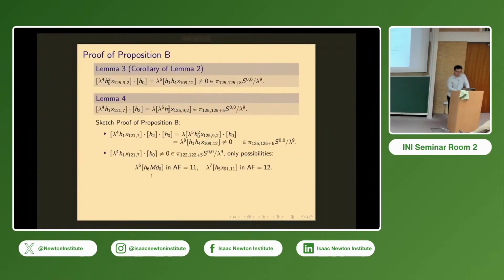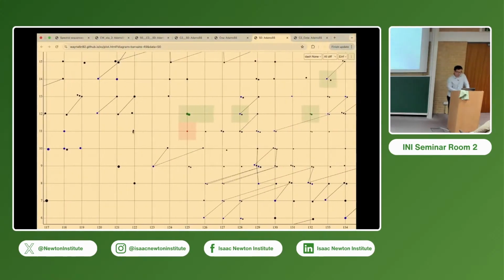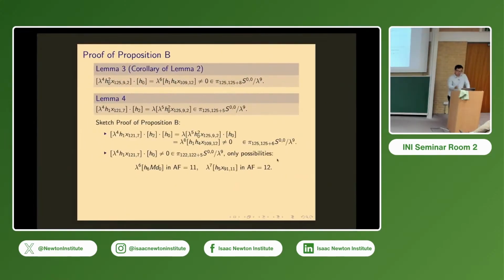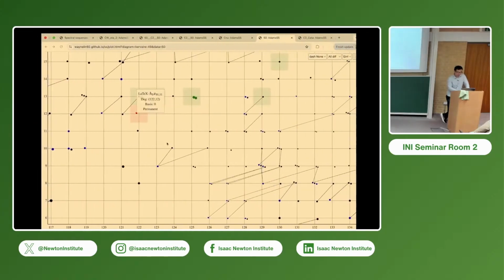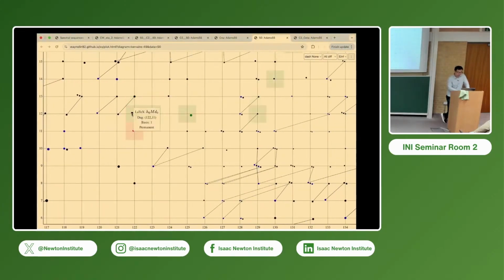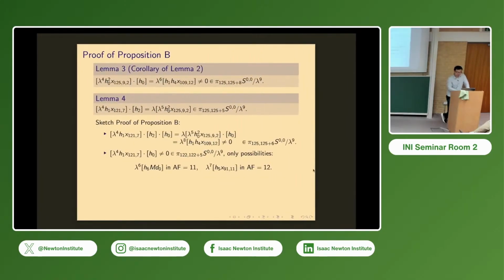Then we look for all the possibilities. There are two possibilities in filtration 11 and filtration 12. Those are these two dots I'm talking about. But then you realize that all this shuffling is in S mod lambda to the 9, but these two elements are actually permanent cycles. So they can be lifted to the synthetic sphere, not mod lambda to any power.